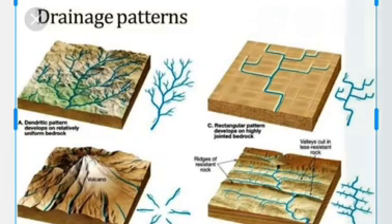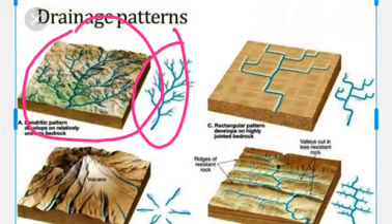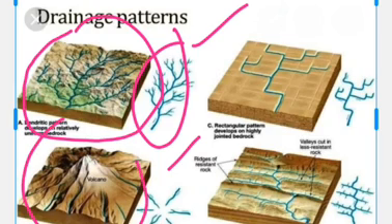Now if you see here, the first one is the dendritic pattern. It is like the branches of a tree, and the pattern is more clearly shown here. Then you have the radial pattern, when the water channels flow down a hill.